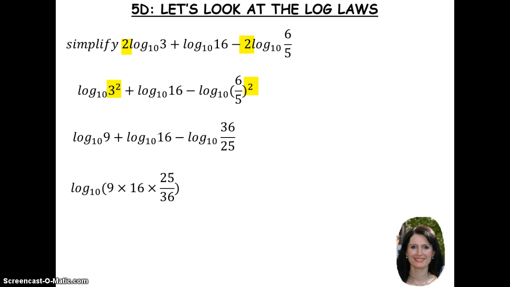They've all got the same base now, so they've all got log base 10, so I can add and subtract them. 9 times 16 is how we add, and to subtract 36/25, I actually multiply by the inverse of that, or 25/36. That gives me log base 10 of 2.